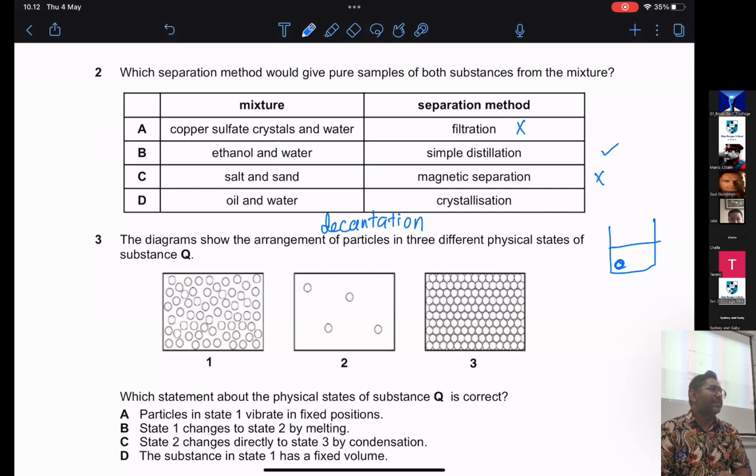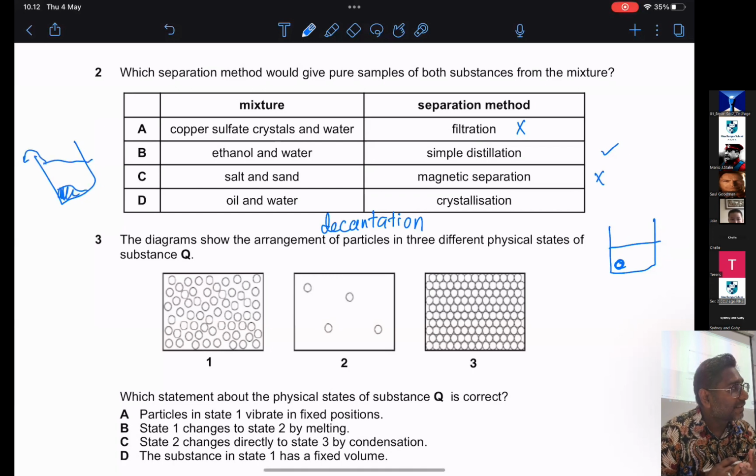Crystallization, no. Evaporation, possible, you can use the evaporation method. Another method starts with D, letter D. Last letter N. No, decomposition is not even a separation technique.